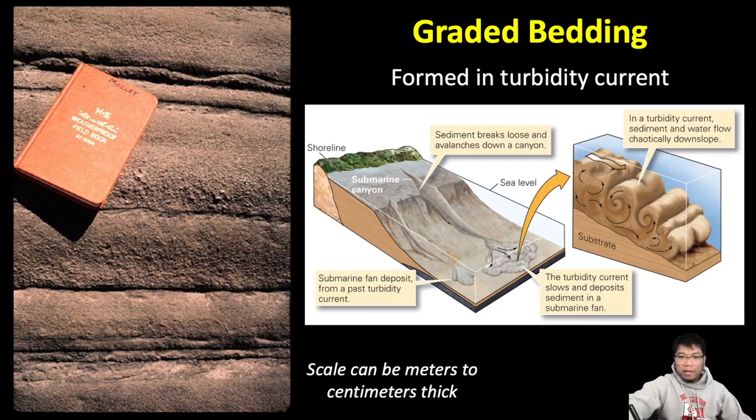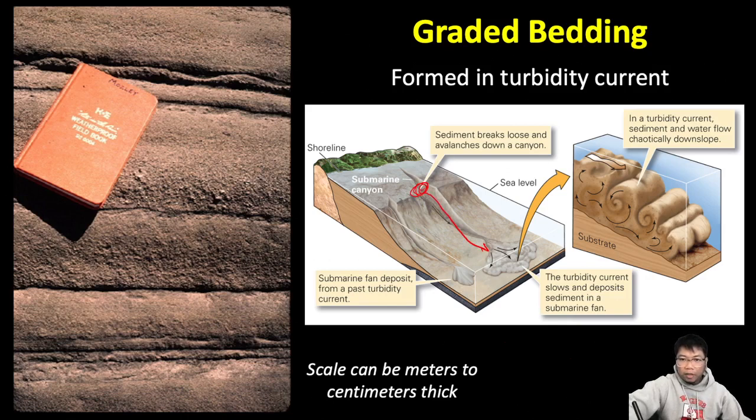This type of bedding forms in turbidity currents. A turbidity current happens when you have water turbulence, typically in a deep marine environment, from the shelf region all the way to the deeper part of the basin.